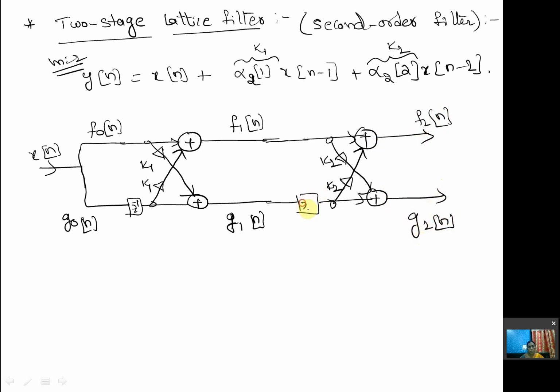Here is Z inverse. Okay, right? So now this f2 of n is nothing but y of n. Now this is nothing but the two-stage lattice filter structure.